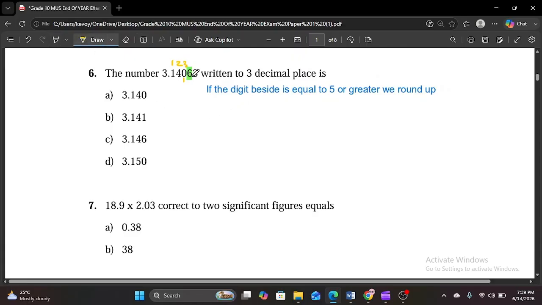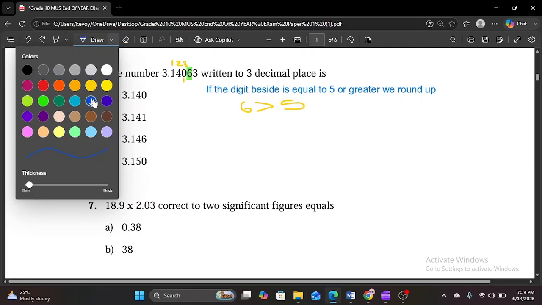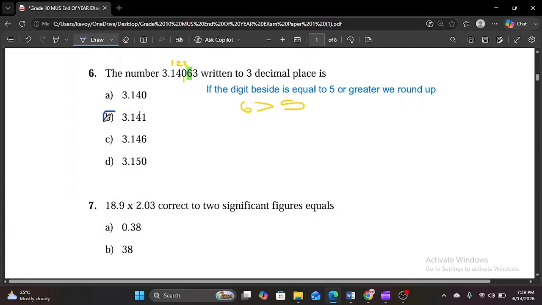So looking at this right here, we have 6. So 6 is greater than 5, so we round up. So that means it's going to be equal to 3.141, because 1 plus 0 is going to be 1. So 3.141. This is for the 3rd decimal place.